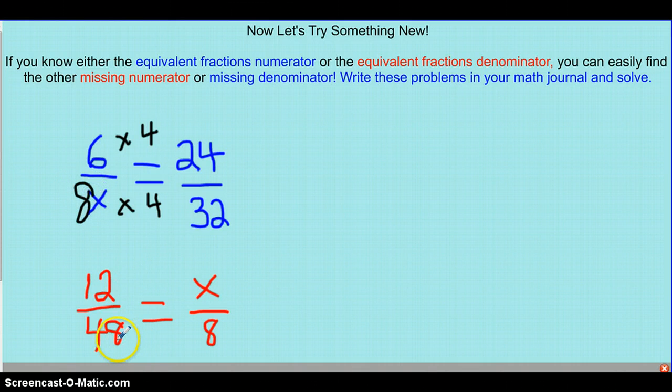Okay, now let's try. Where do I have both? Right here. 48 divided by 6 gives me 8. So if I divided the denominator by 6, I will divide the numerator by 6. 12 divided by 6 is 2. And that's how you do it.